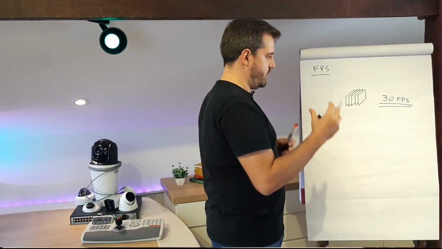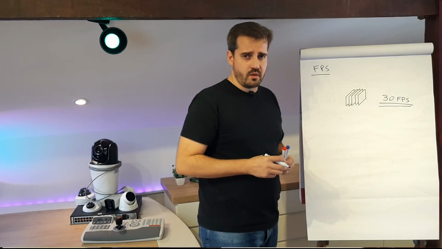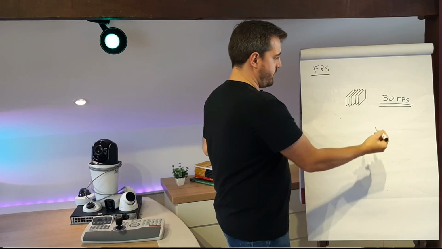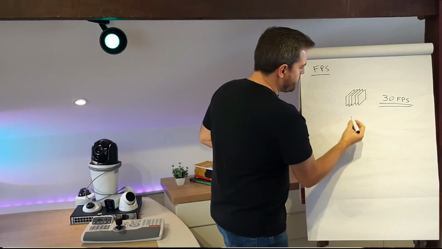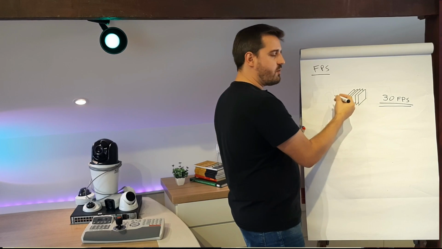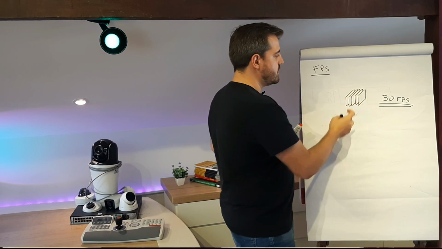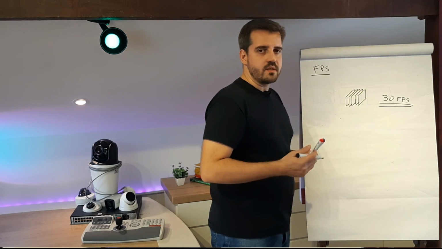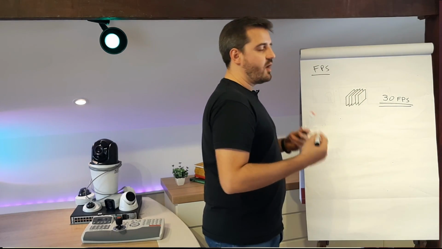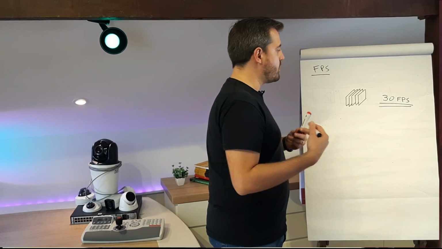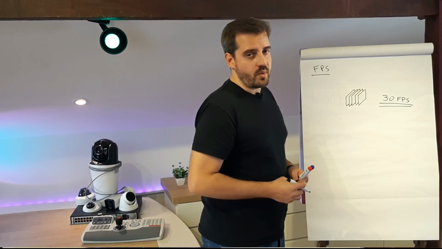So we'll not see any robotic movements or something like that. It will be very fluid, but we need to recall that if we have more frames per second, we'll have more information for each frame to send to the NVR. So we'll have more data, more bitrate, and with more bitrate we have more storage need as well.